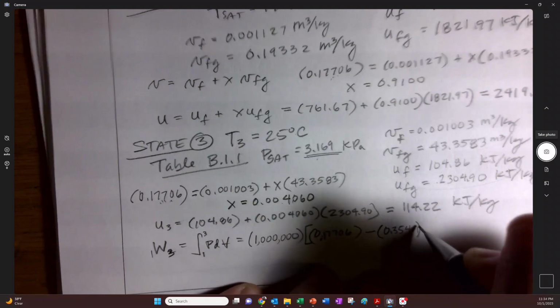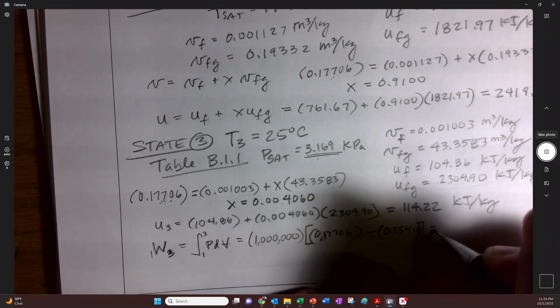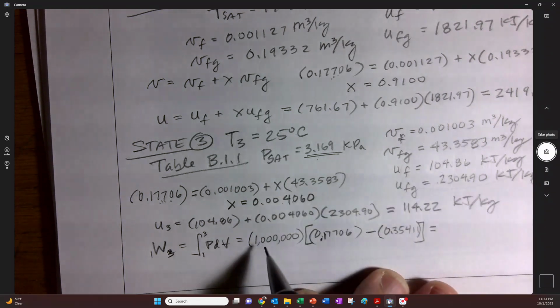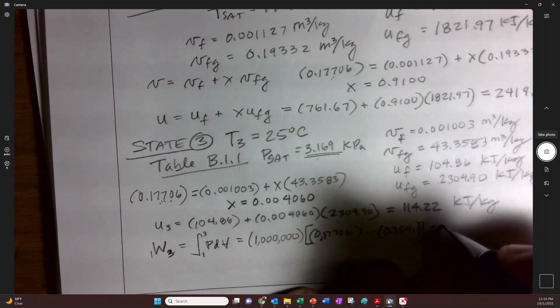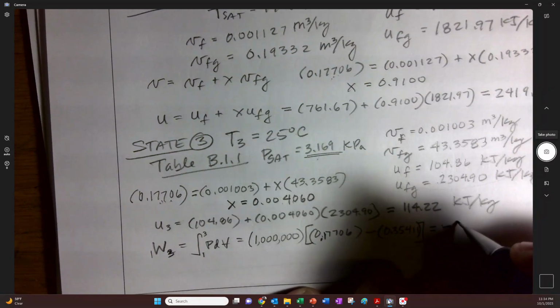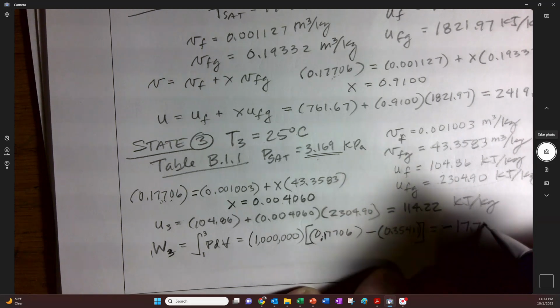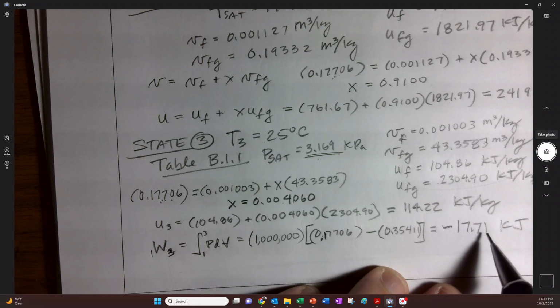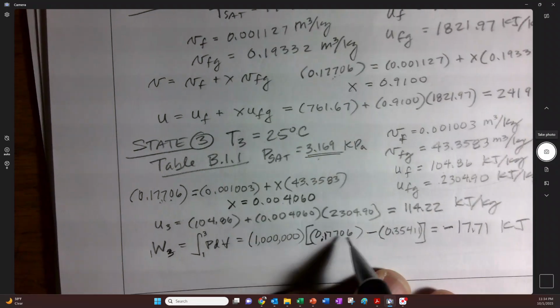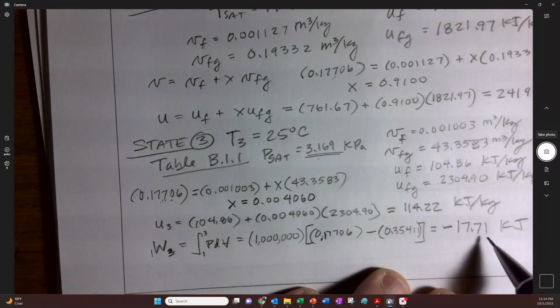And what we end up getting is, I'm going to go ahead and divide by 1,000 because I'm lazy, but because I multiply by 1,000, it'll work out, no pun intended. We get a negative 17.71 kilojoules. I would have gotten 17,710 with these values right here.